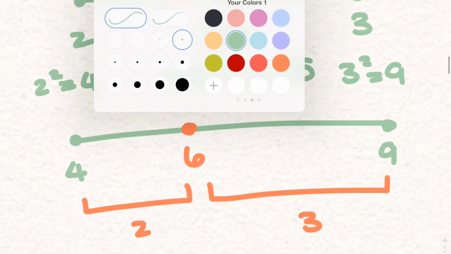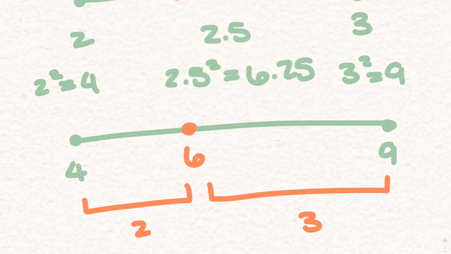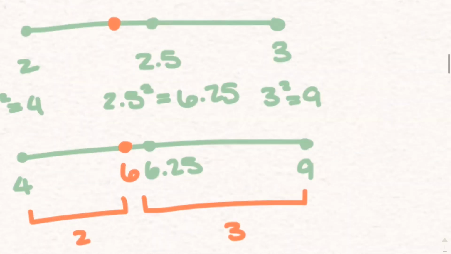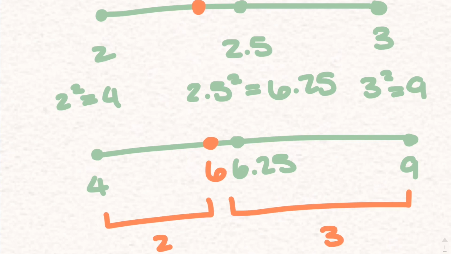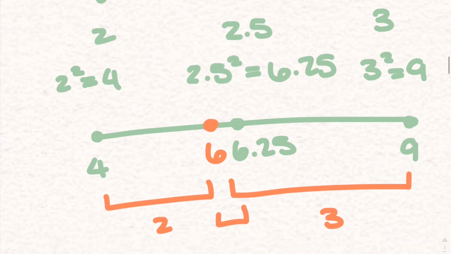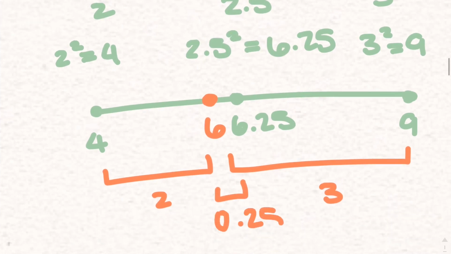And we can also put this number on our number line. We have 6.25 is really close to 6, which is what we're looking for. So we also know that the square root of 6 is going to be closer to the square root of 6.25 than it is to 4, because if we look at the difference, 6 is 2 numbers away from 4, but 6.25 minus 6 is only 0.25.